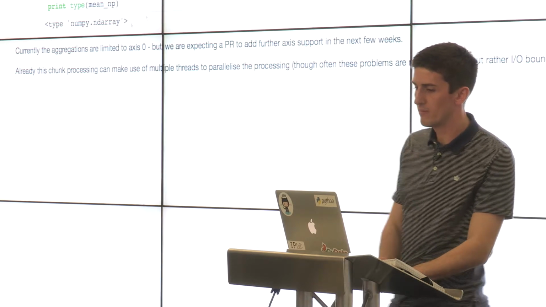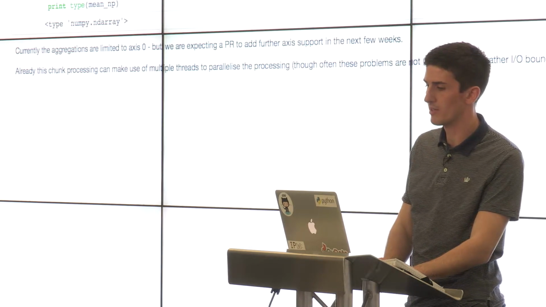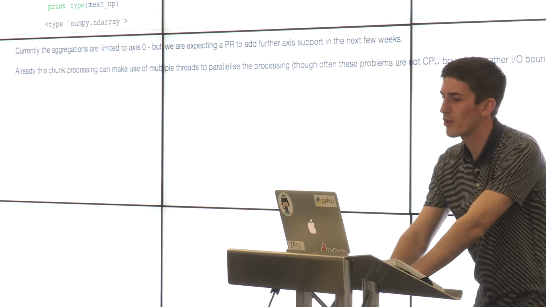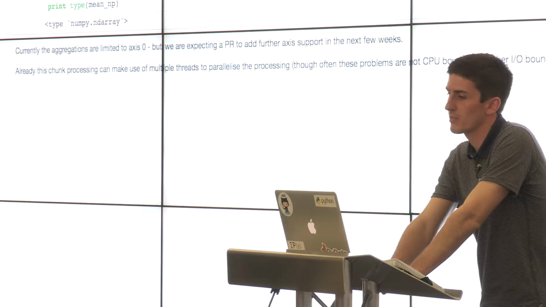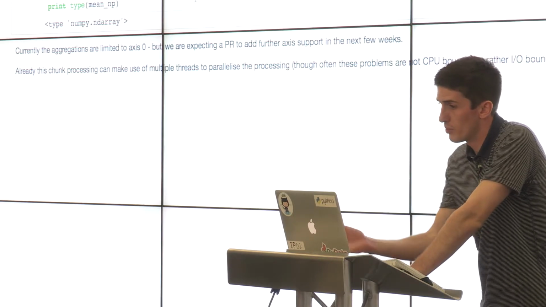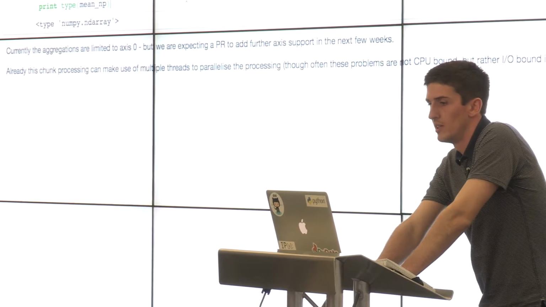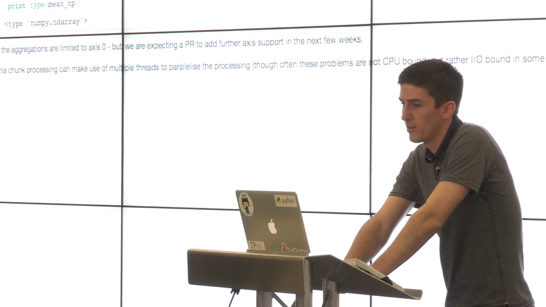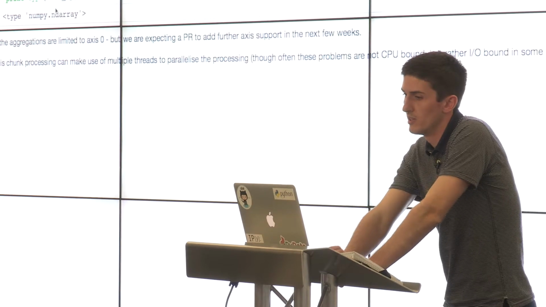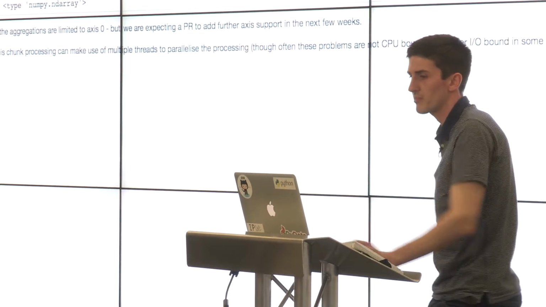So in order to do that, we've got this function here, which basically realizes the two aggregation objects, the mean and standard deviation. They were the things that we computed from the arrays. And we can then see that the result from realizing this using the ndArrays function is actually a NumPy array.